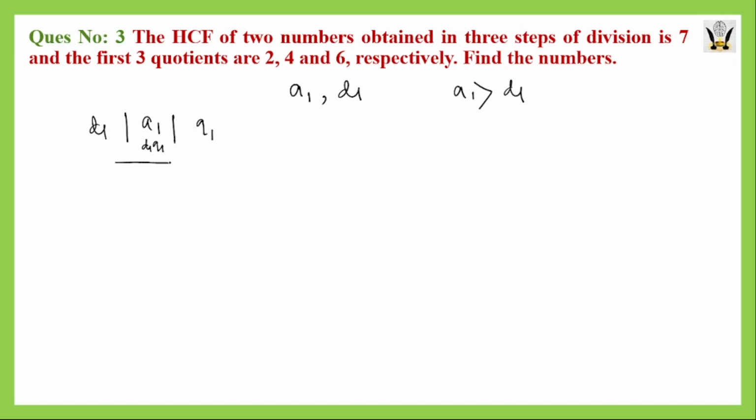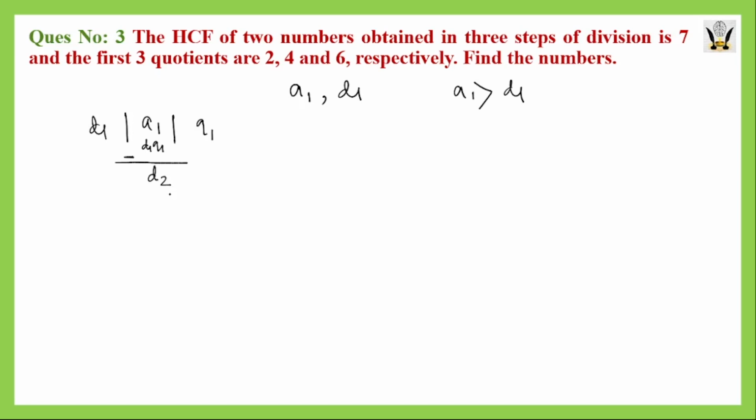As per the normal rule of division, when we subtract these two values, there will be some remainder. As per the question, this division has been performed in three steps, and the three quotient values are given, so in the first step there will be some remainder.